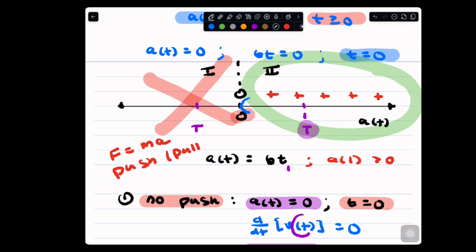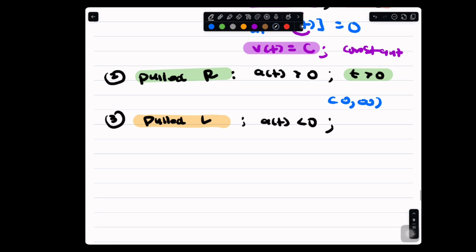What would you guys say? It's never negative. It's never negative. So it's never pulled to the left, only pulled to the right.